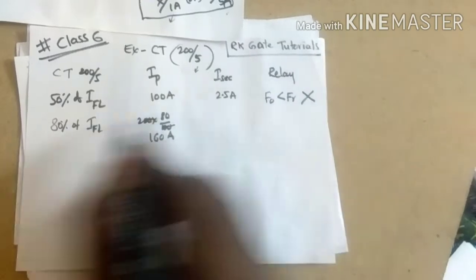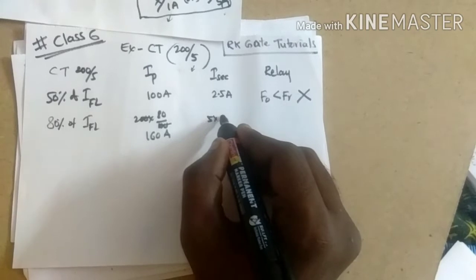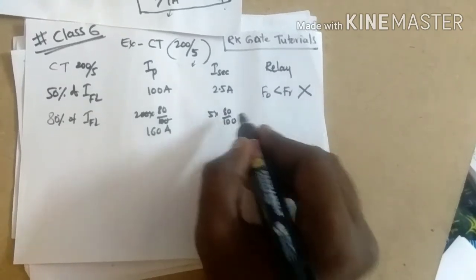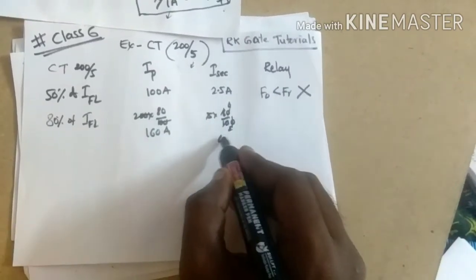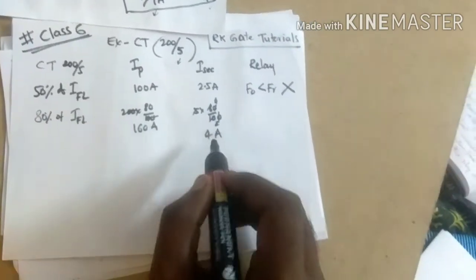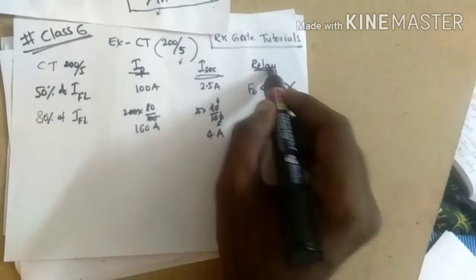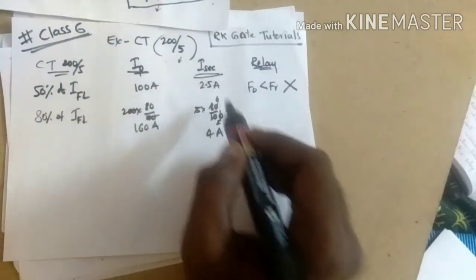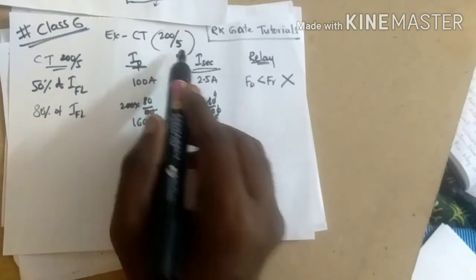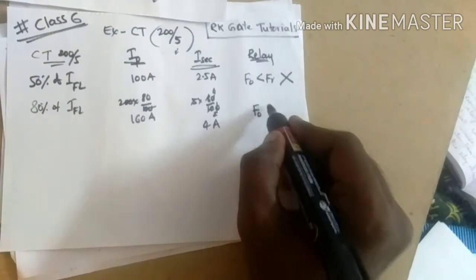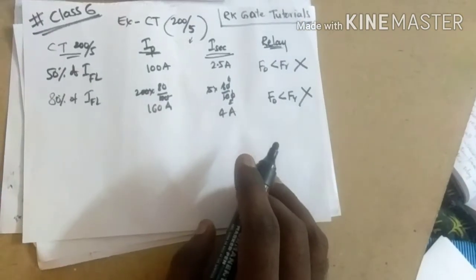Now 80 percent of the secondary, which is 5: 5 into 80 by 100, the zero gets cancelled, 5 fours are 20, so you will get 4 amps. Still, the secondary current seen by the current transformer, nothing but the relay coil, is 4 amps only, but its set value is 5, so this is also less. So the operating force here is also less than the restraining force, and the relay does not operate.